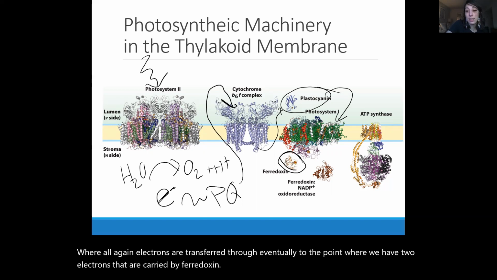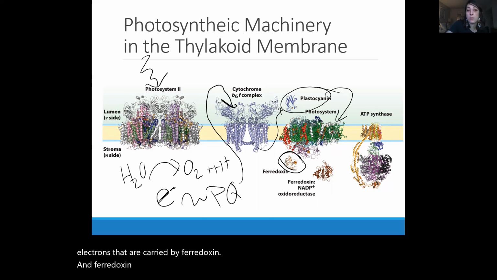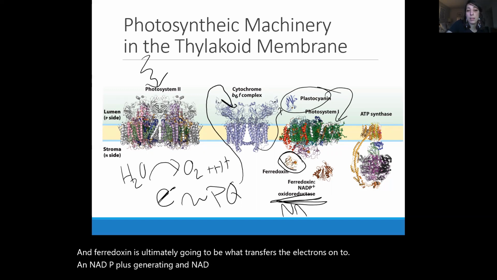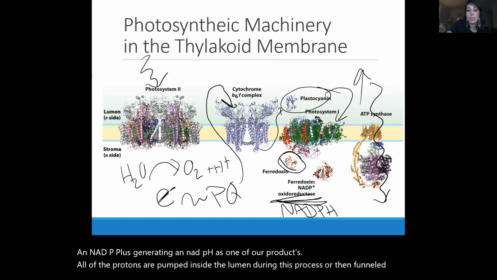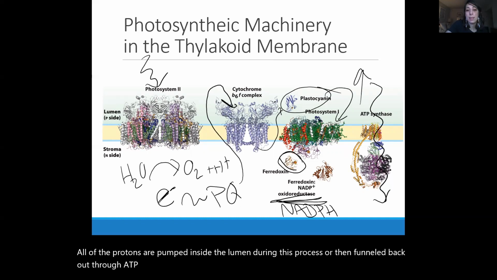And ferredoxin is ultimately going to be what transfers the electrons onto an NADP+, generating an NADPH as one of our products. All of the protons that are pumped inside the lumen during this process are then funneled back out through ATP synthase from our gradient, generating ATP.